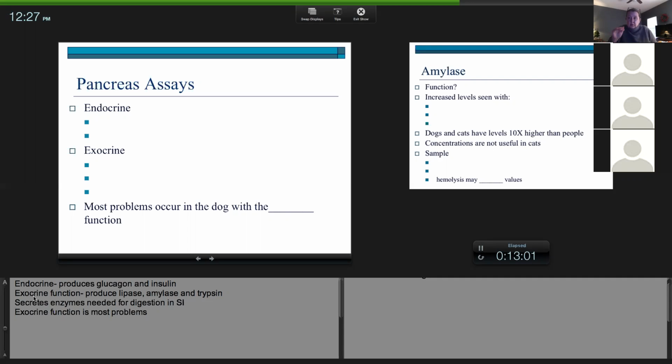So exocrine goes to the duct, and that's your digestive enzymes. Your exocrine function can cause a lot of problems with digestion. But let me talk about the amylase and lipase as our primary pancreas tests. So most problems occur in the dog with the exocrine function.